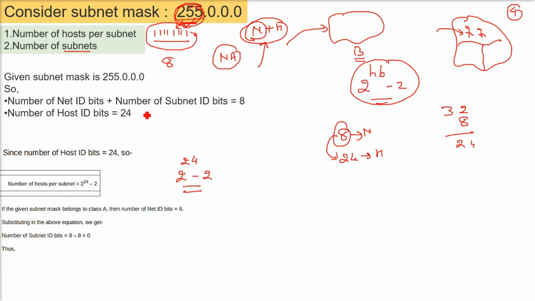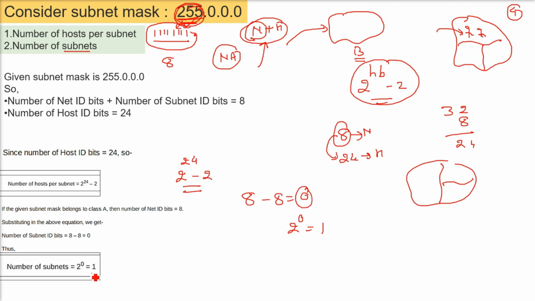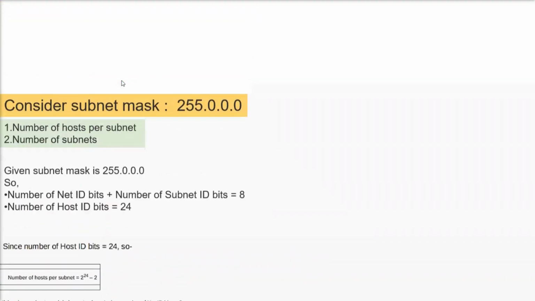Now, imagine this is a class A subnet mask, then how many networks will there be? See, 8 is the default subnet mask for class A. 8 bits are already used. So 8 minus 8 is 0. For the subnets, how many are remaining? 2 to the power 0. One network, only one single network.